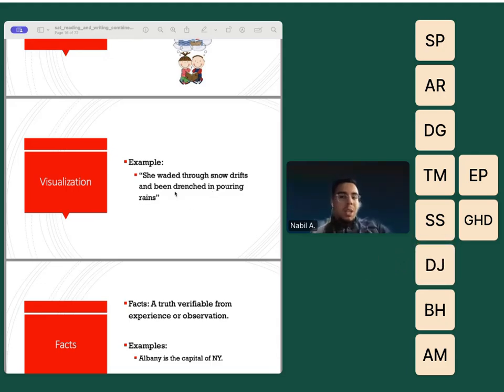Yeah, she waded through snowdrifts, so definitely winter. It's also rain too. Is she really having the best time? Yeah, not really. But let me show you guys this. If I were to change one of these words from waded to frolicked, she frolicked through snowdrifts and been drenched in pouring rains, now what do you guys think?